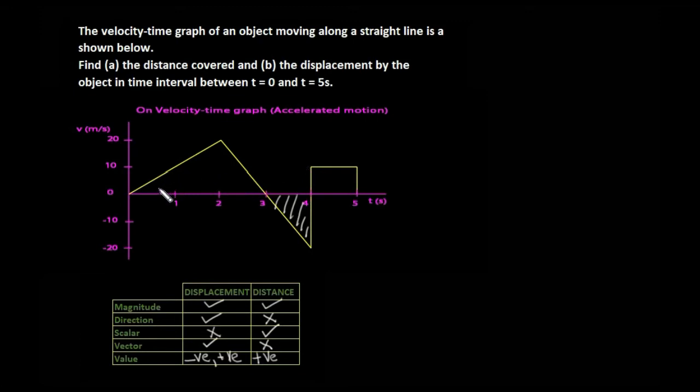Now simply, to find distance or displacement from a velocity time graph, we need to find the area underneath the curve. So we got this area, we already shaded this area, and we got this area. Let us just call this area 1, area 2, and area 3.